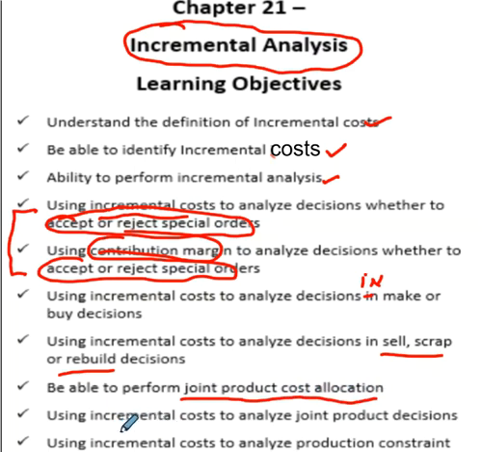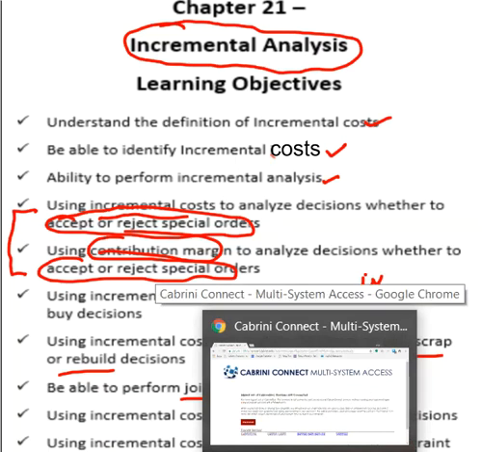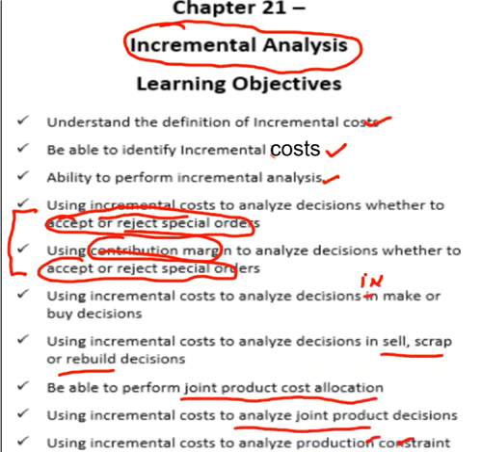Also, we'll use incremental cost to analyze joint product decisions and to also analyze what we call production constraints. So those are the major objectives that we're going to be working with. And again, I apologize for my penmanship, utilizing this electronic pen.